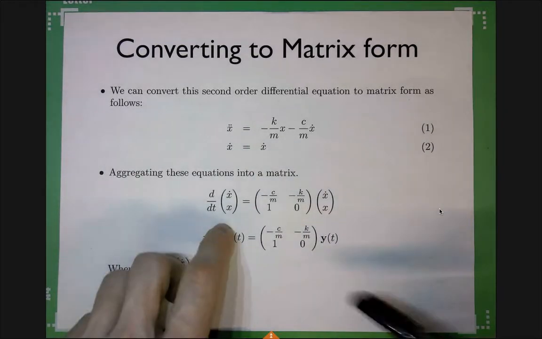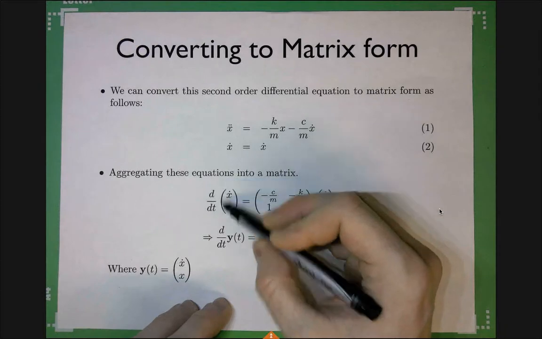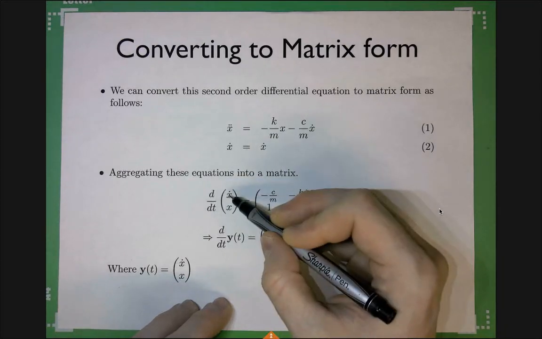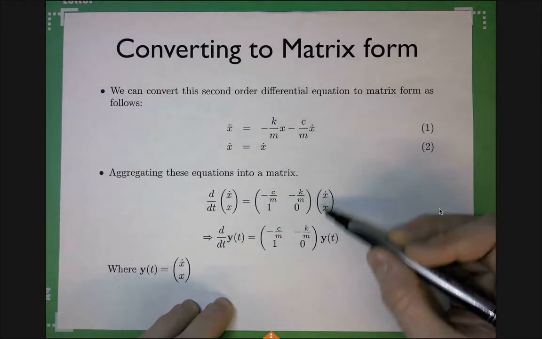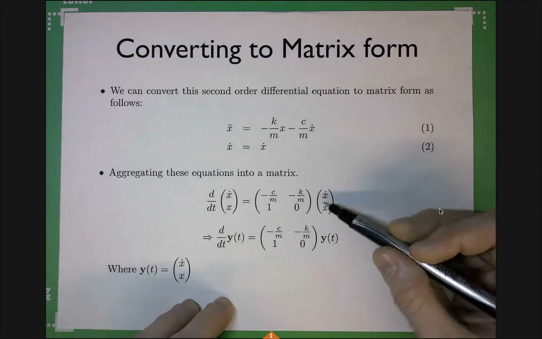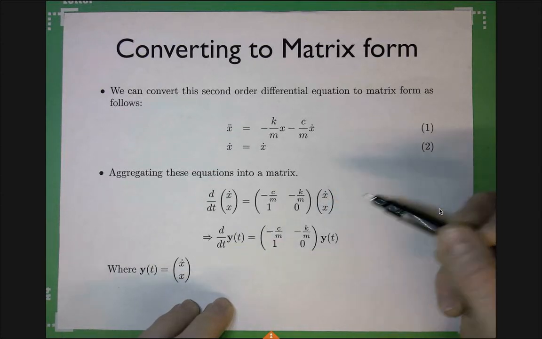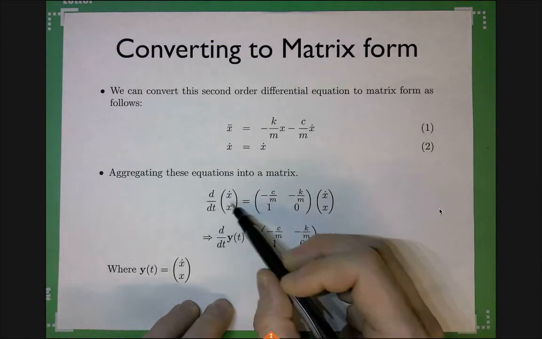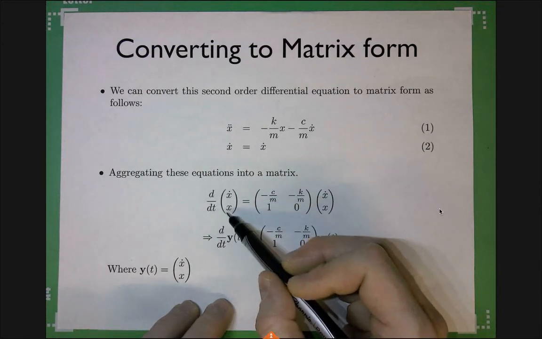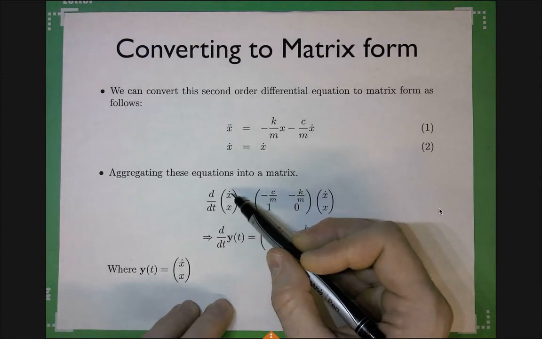But the point is that then I take this expanded state vector, this velocity and position, and on the right hand side will be the same state vector. The bottom equation really just says that the time derivative of x, the x dot, is again just the time derivative of x.